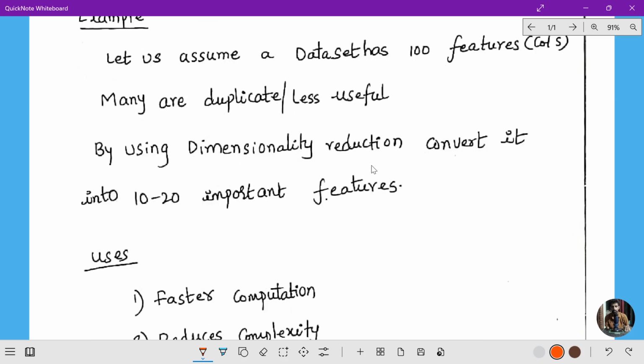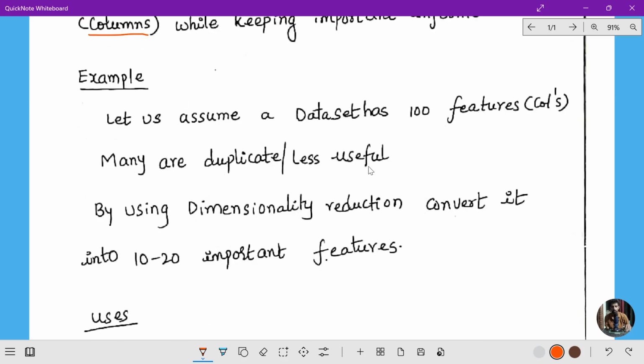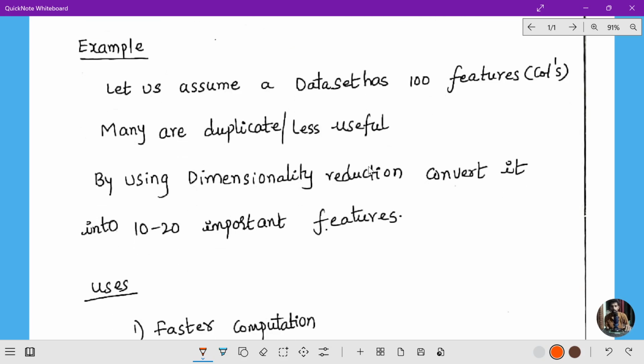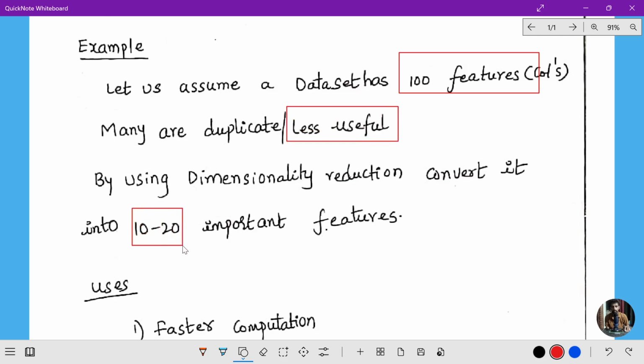Let us assume one example, you can see on the screen. Let us assume a data set has 100 features, so let us say there are 100 columns. Many columns are duplicate or less useful. By using dimensionality reduction, we convert them into 10 or 20 important features. So what is the purpose of dimensionality reduction?